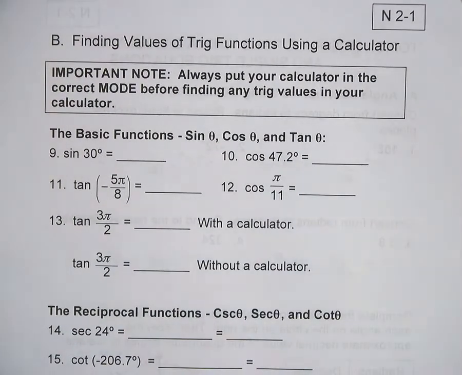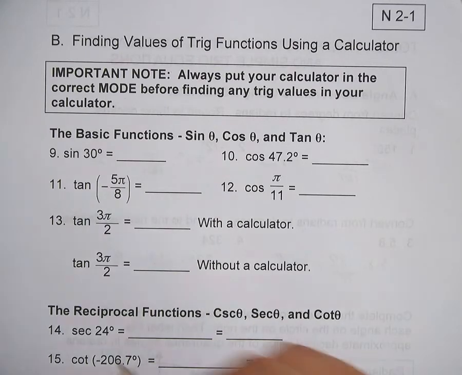Stupendous. B says finding values of trig functions using the calculator. Important note: always put your calculator in the correct mode before finding any trig values. Mode. What the heck is it talking about, a mode? Number 9 here, for example, you're in degrees.